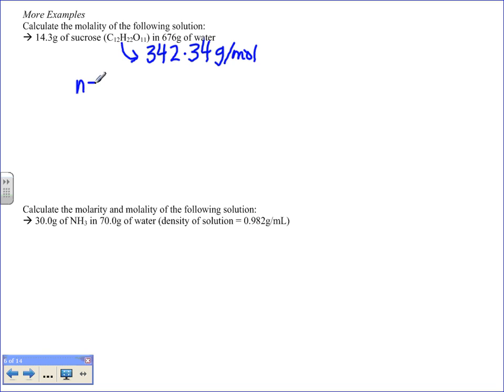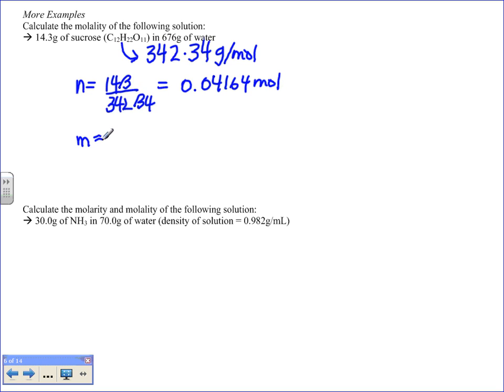So we need to figure out the moles of sucrose that we have, by taking the mass and dividing by the molar mass. In this solution, we've got 0.04164 moles of sucrose.